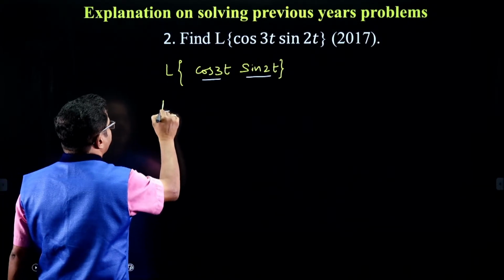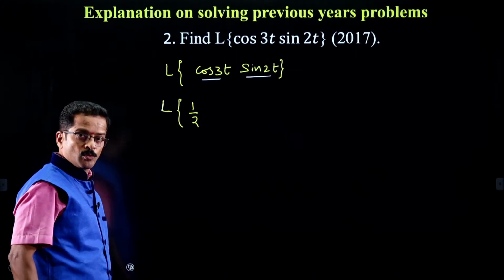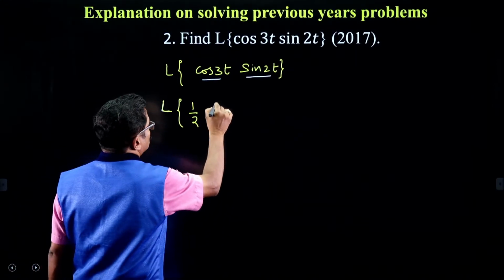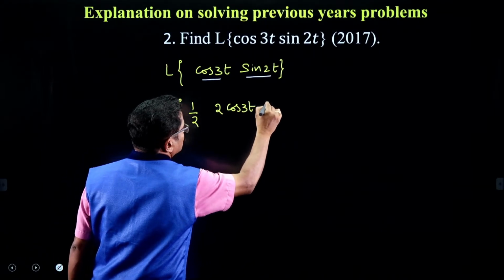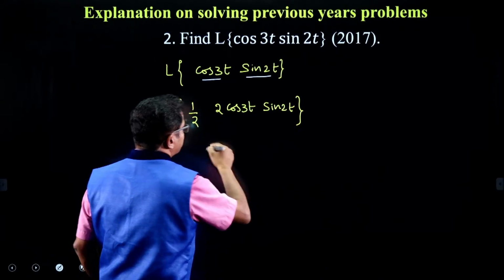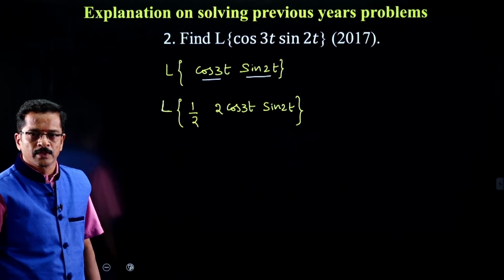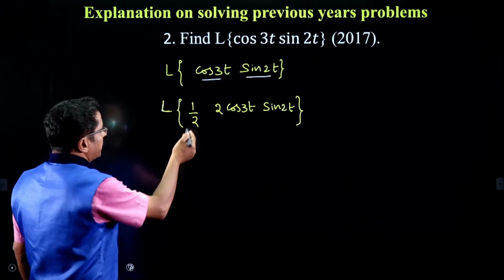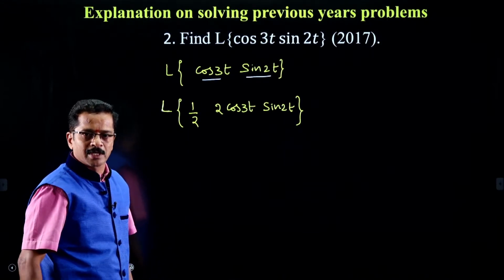So in such case, what I am doing now: L of 1 by 2 into 2 cos 3t into sin 2t. I am just multiplying by 2 and dividing by 2. So this is a constant 1 by 2 which will come out from Laplace transform.